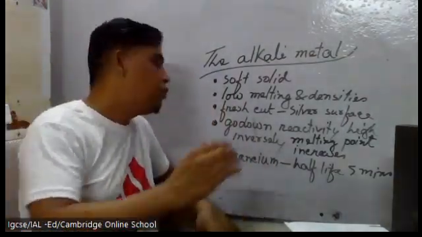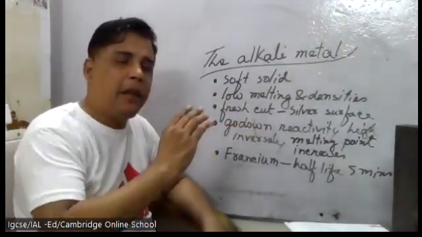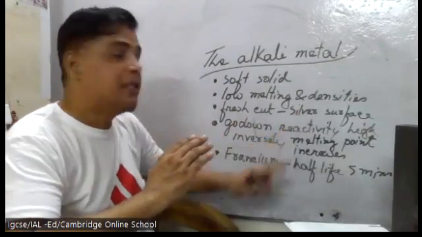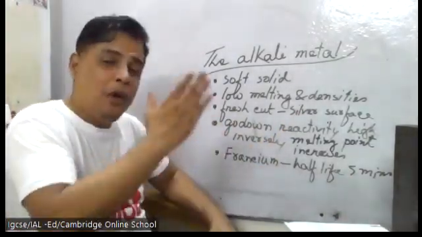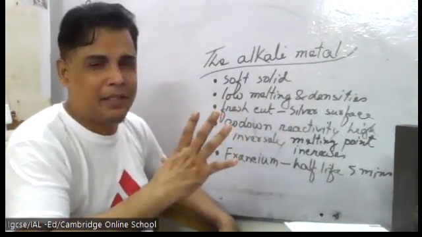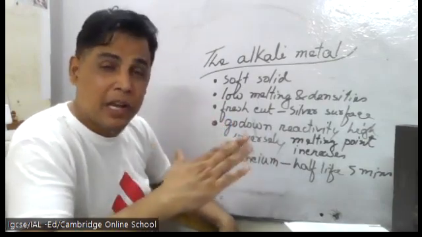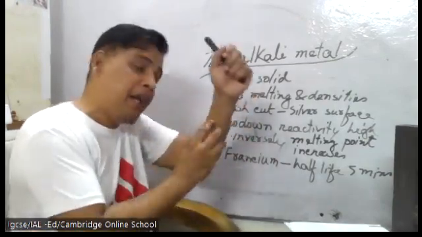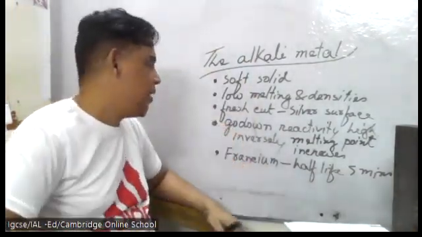If these metals are freshly cut, the cross-section will be a silvery surface.